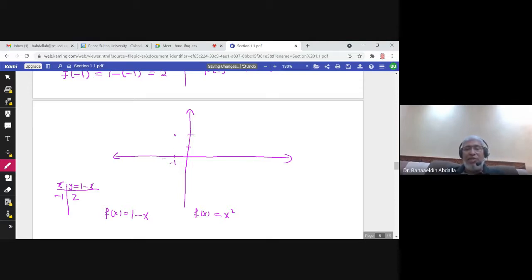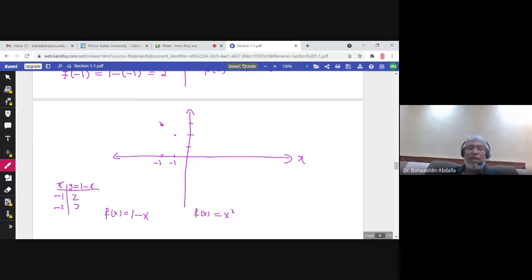And I choose another value of x to the left of -1, because this function is to the left of -1. For example, I choose -2. So f of -2 would be 1 plus 2, which is 3. So at -2, it is 3.